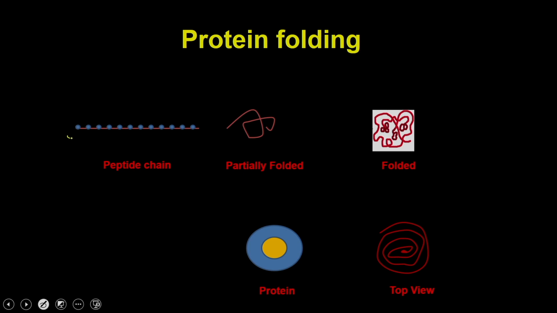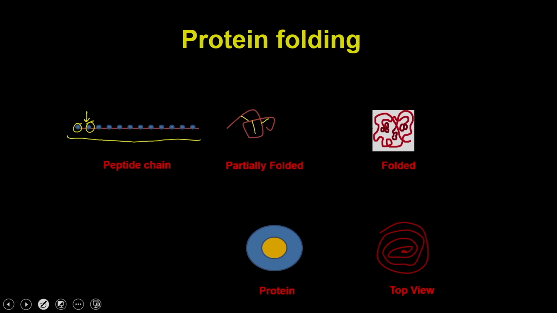The protein is synthesized as a linear peptide chain, where individual amino acids are coupled with the help of peptide bonds, as it is synthesized from the ribosome. As soon as a small stretch of the peptide comes out of the ribosome, it starts folding, and this folding is mostly governed by intramolecular interactions between the different side chains.